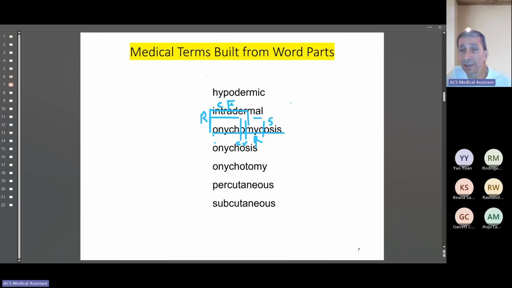You might be asked a medical term during the exam. Which is, what does the combining form in the following medical term mean? So you need to give the definition. In this case it will be onycho. What is onycho? Nail. That's the combining form.